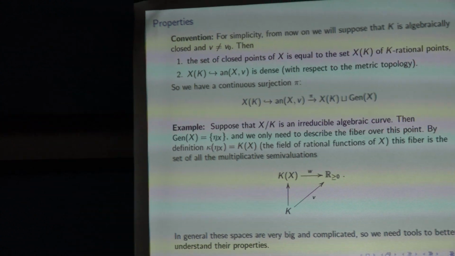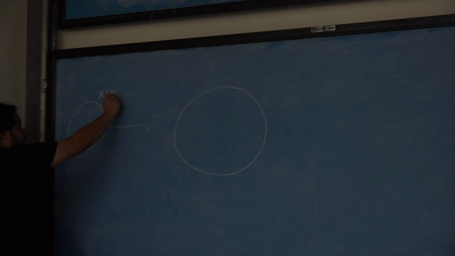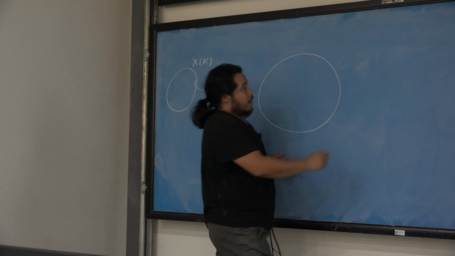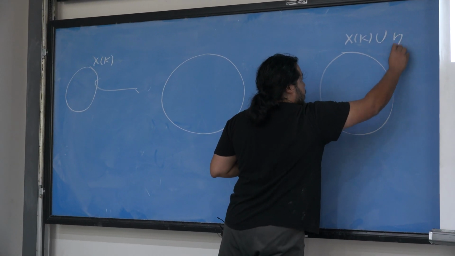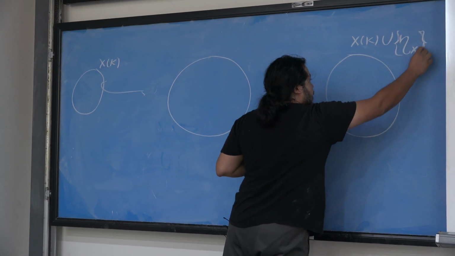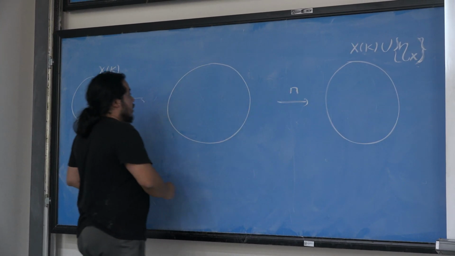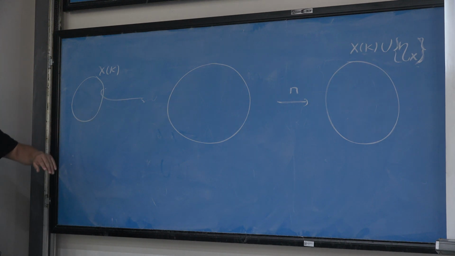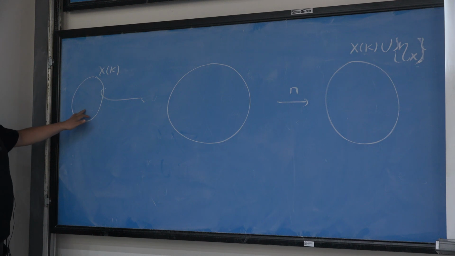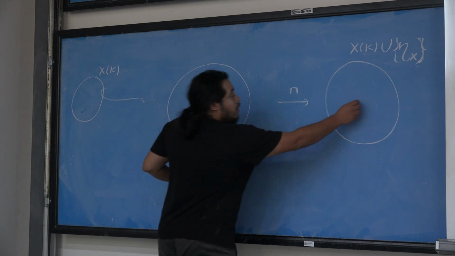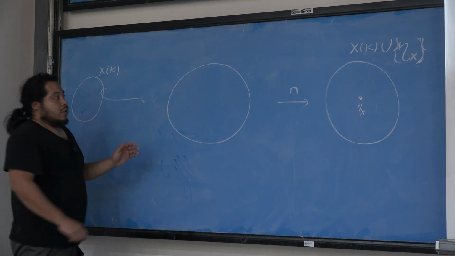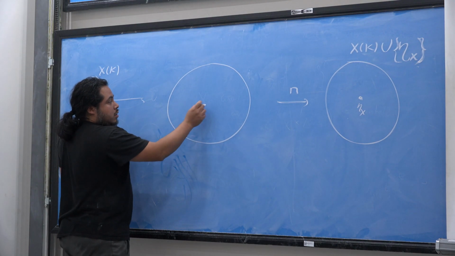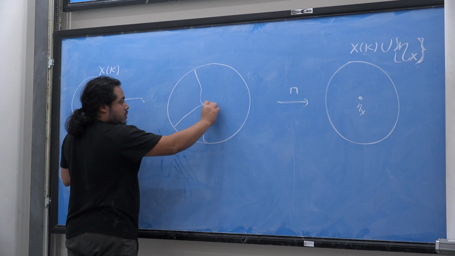So you have here, for example, the closed points, and then you have here the scheme. Here there is a projection, and you have an inclusion, and this inclusion is a metric inclusion. So what you just have here is an additional point, which is called eta x. And what Berkovich does is just start with your point and start filling the gap, like this.